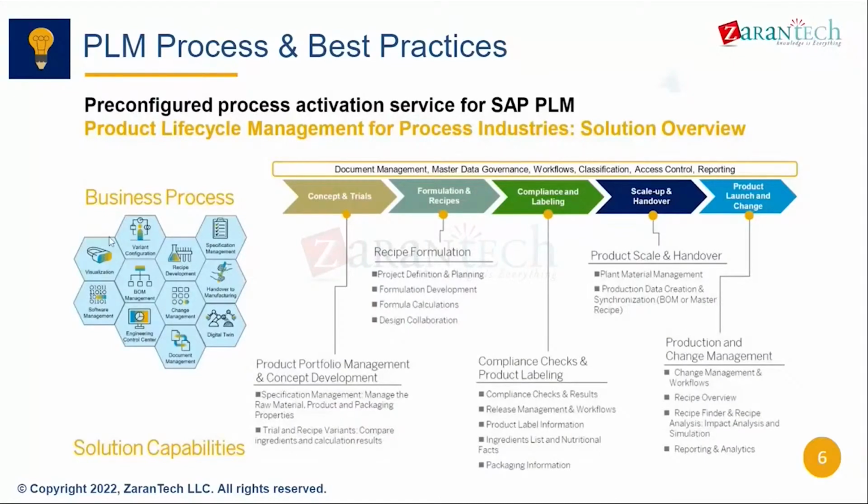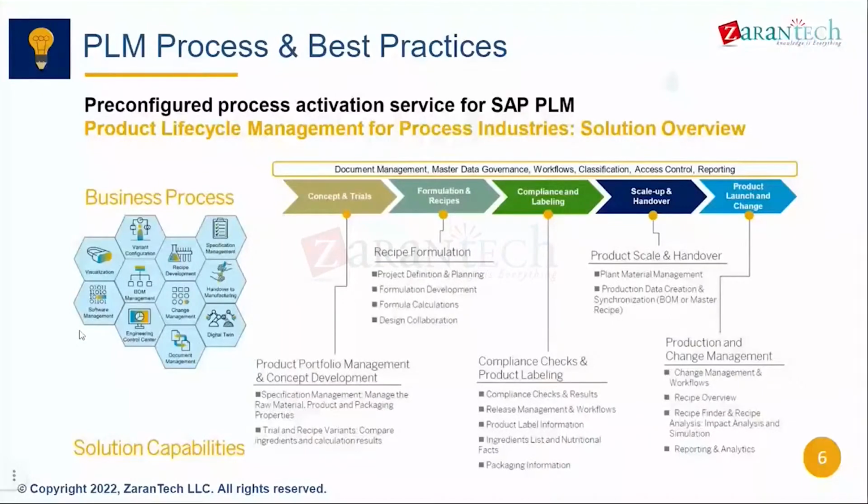Here you can see that some of these might not be required for a specific type of industry client. For example, for process industry, we don't need the engineering control center, we don't need variant configuration, we don't need the visualization or digital twin, might be.